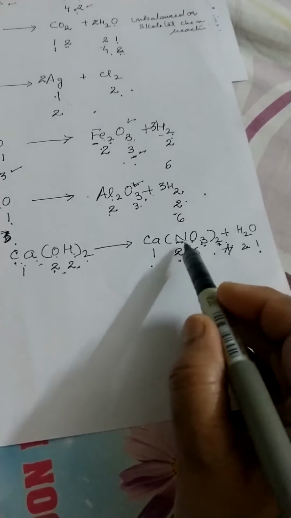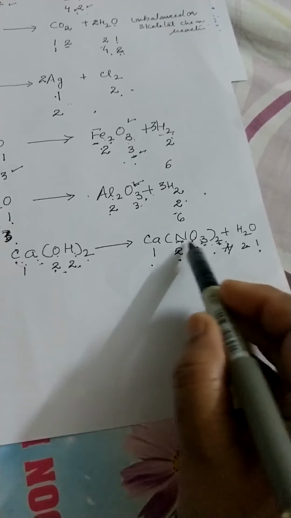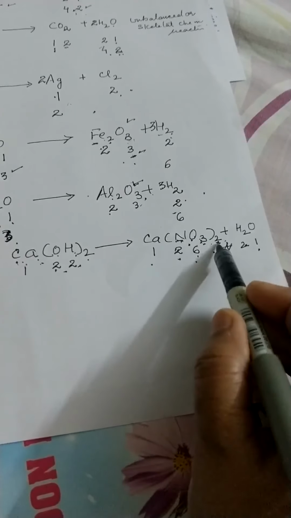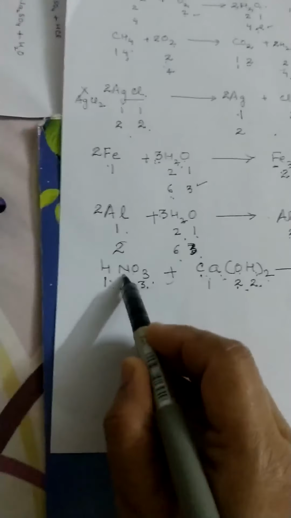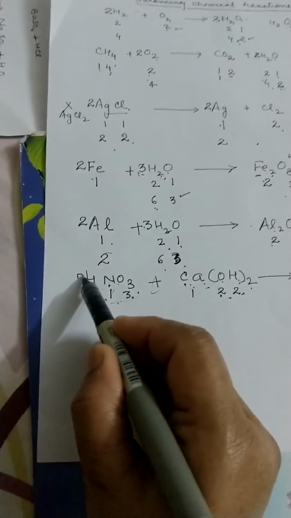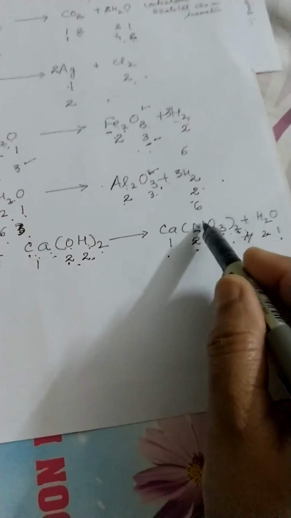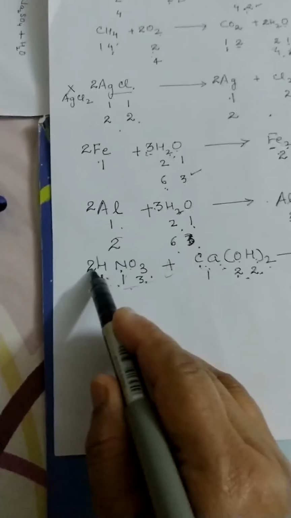I want to make nitrogen double, like here nitrogen is 2. So to balance this nitrogen, I will write 2 over here without looking at any other thing. I pick an atom of nitrogen on this side, it is 2, so I put 2 here.